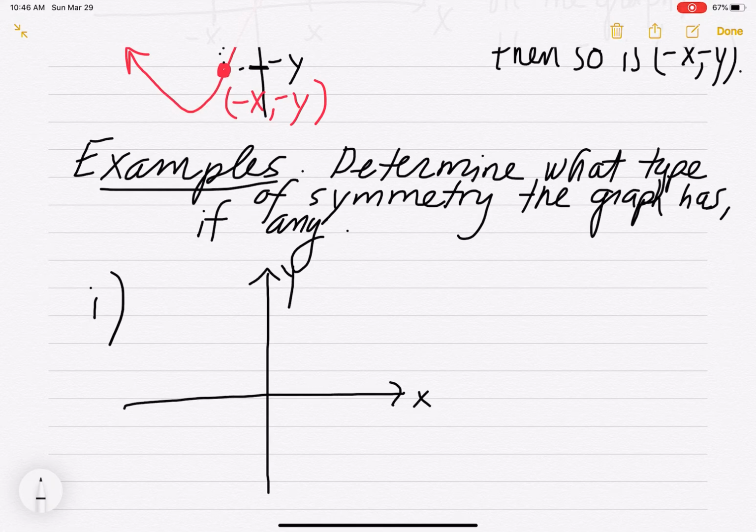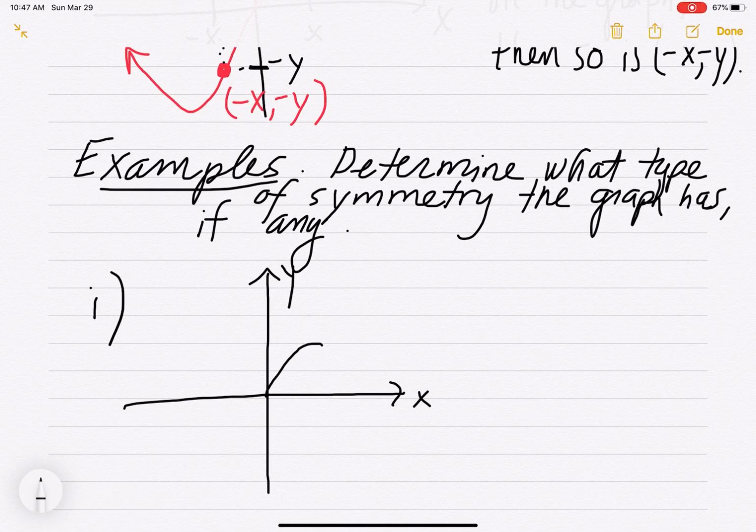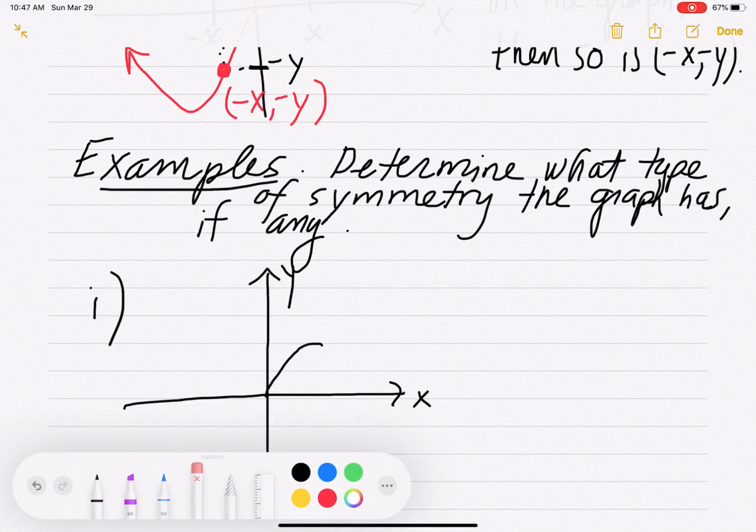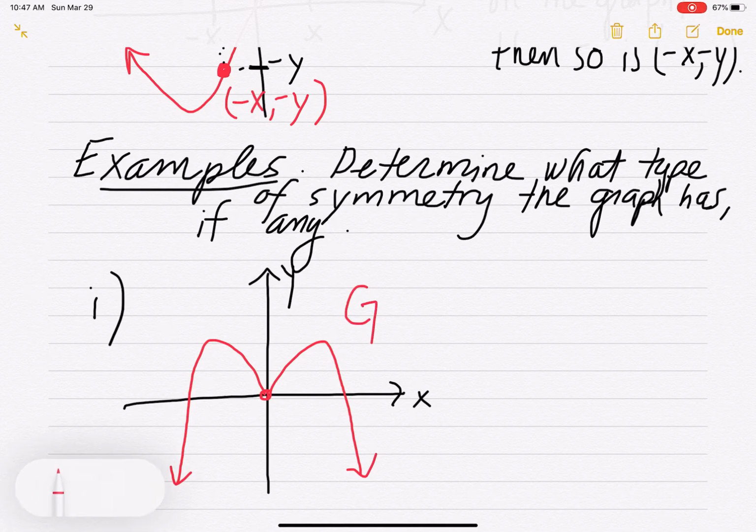All right, here's my graph going red. Oops, that's not red, is it? Not red at all. Let's call this G for graph. Does G have any kind of symmetry?